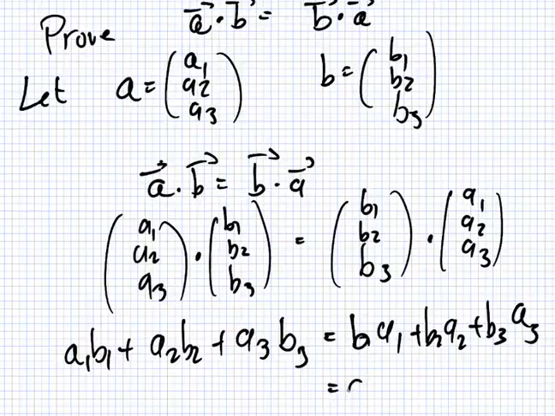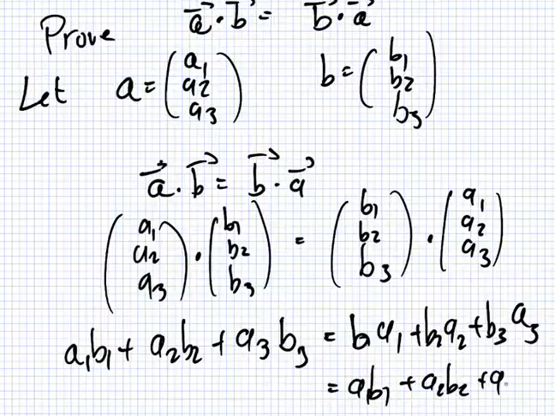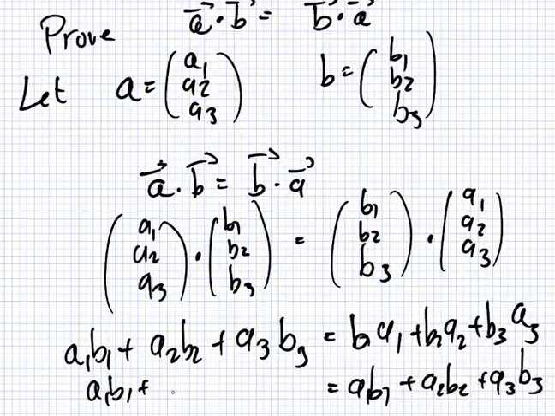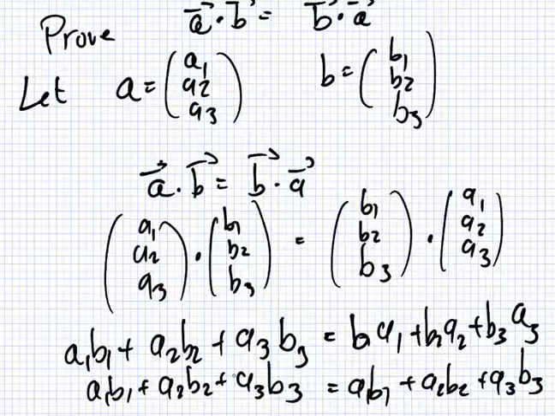Which is the same thing, isn't it? a1b1 plus a2b2 plus a3b3. So that proof is finished also. Can we stop at the first line, or should I write the second line? You could probably stop with this line here. I'm just making it extra clear.